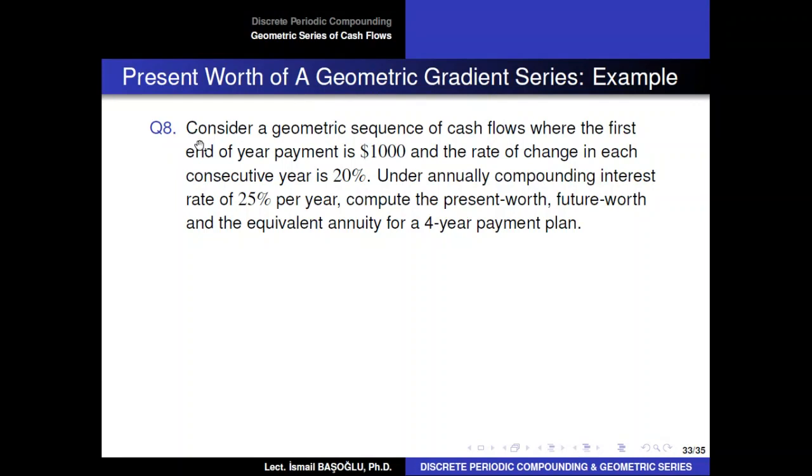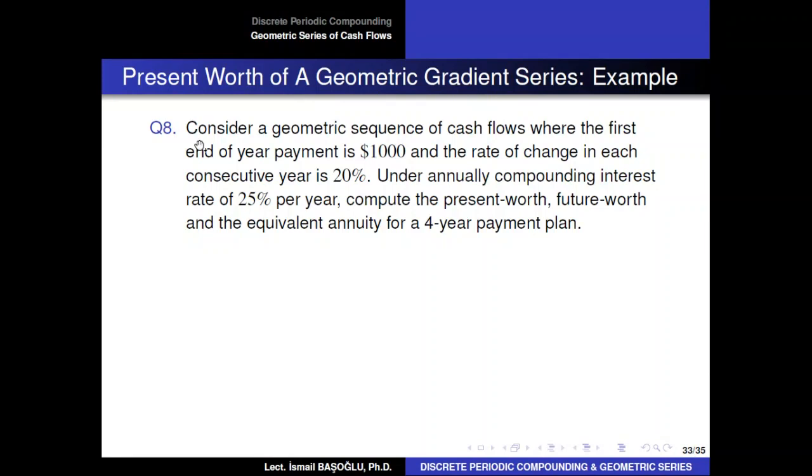So this means what? At the end of the first year, the payment will be $1,000. At the end of the second year, it is going to be $1,200, a 20% increase. At the end of the third year, it is going to be $1,440. Why? Because the 20% increase is calculated based on the previous payment, which is $1,200.